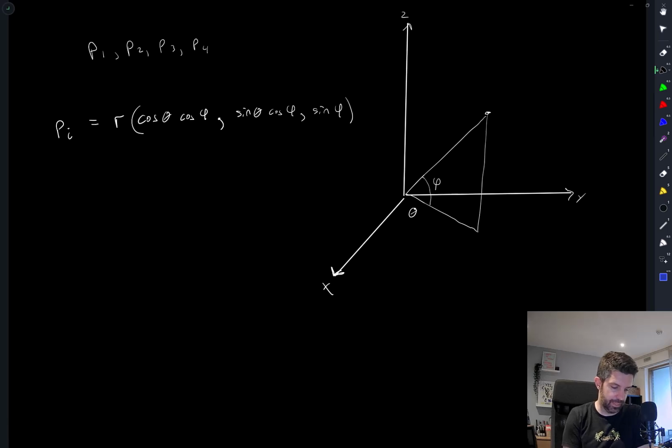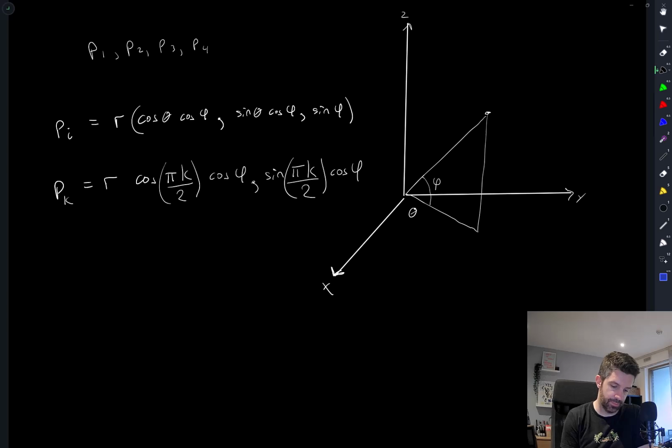So for each P_k, theta is just pi over 2 times k. Pi times k over 2, times cos of phi, sine of pi k over 2 times cos of phi.